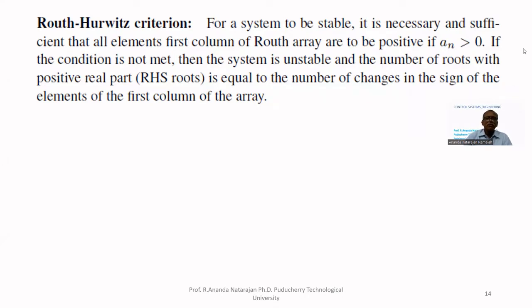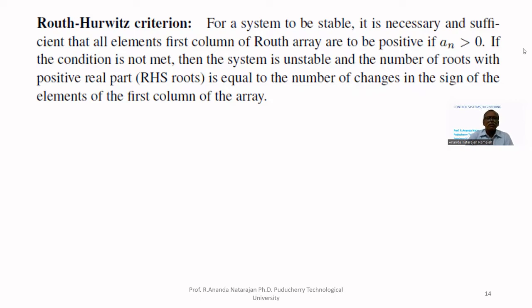If any of the first column elements have a sign change, then the number of poles on the right hand side equals the number of sign changes in the first column of the Routh array.